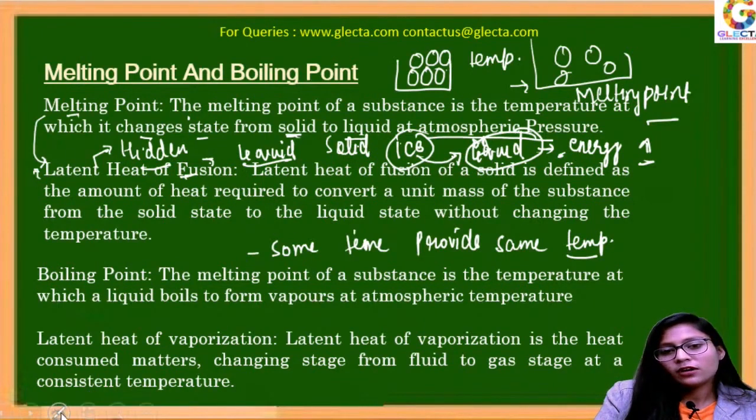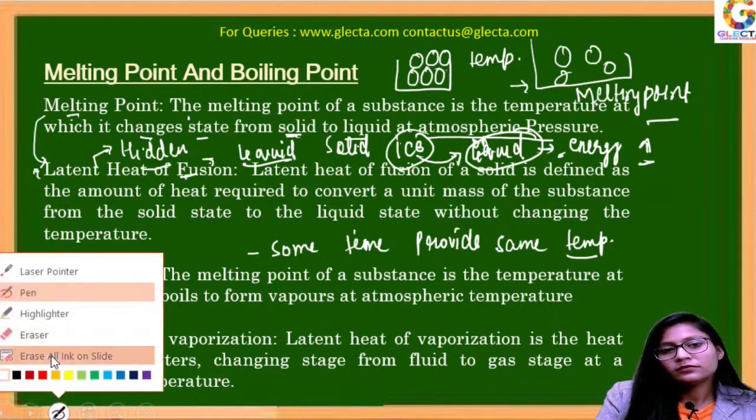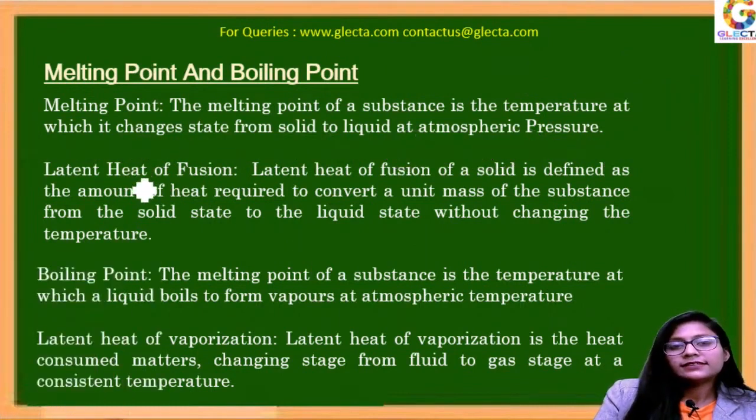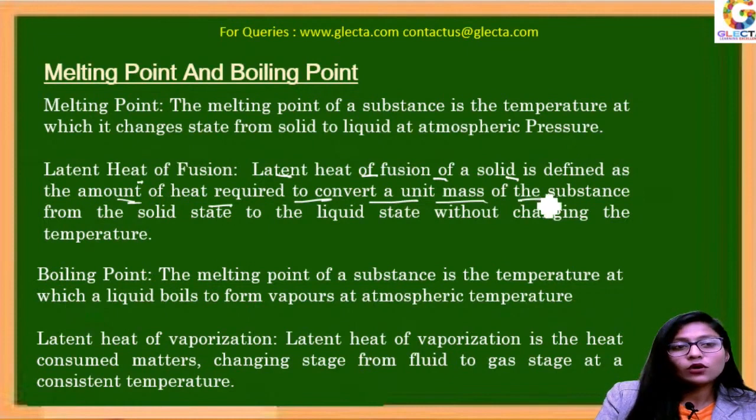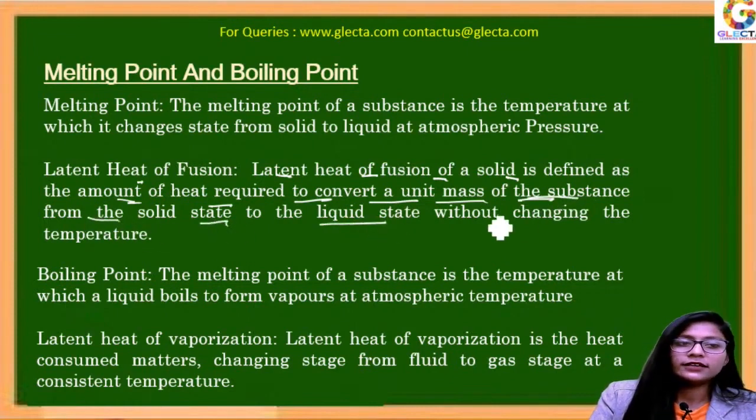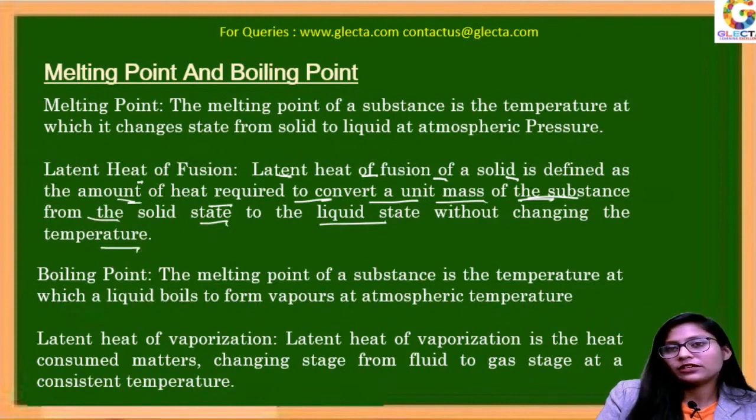Okay, now let's discuss the definition. Latent heat of fusion of a solid is defined as the amount of heat required to convert a unit mass of the substance from the solid state to the liquid state without changing the temperature.